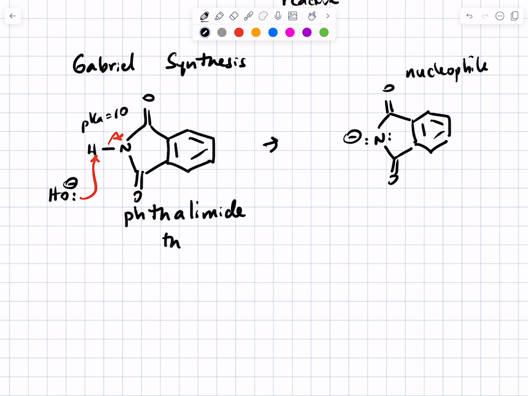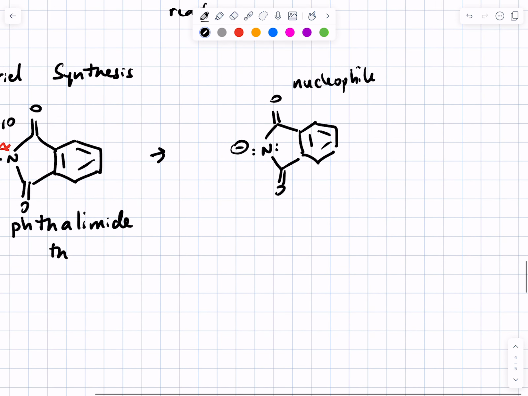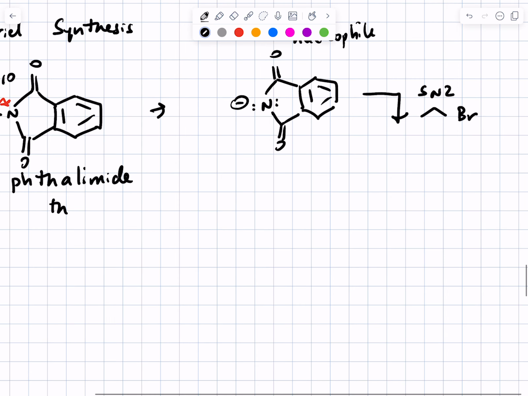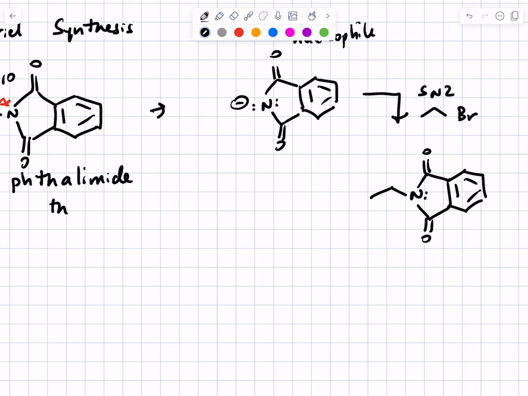But the idea is that only one alkyl group can be added. You can do the classic SN2 reaction there with an alkyl halide. Only one alkyl group can get added because the other lone pair is again involved in resonance with the two carbonyl groups. So there you stop with just single alkylation.